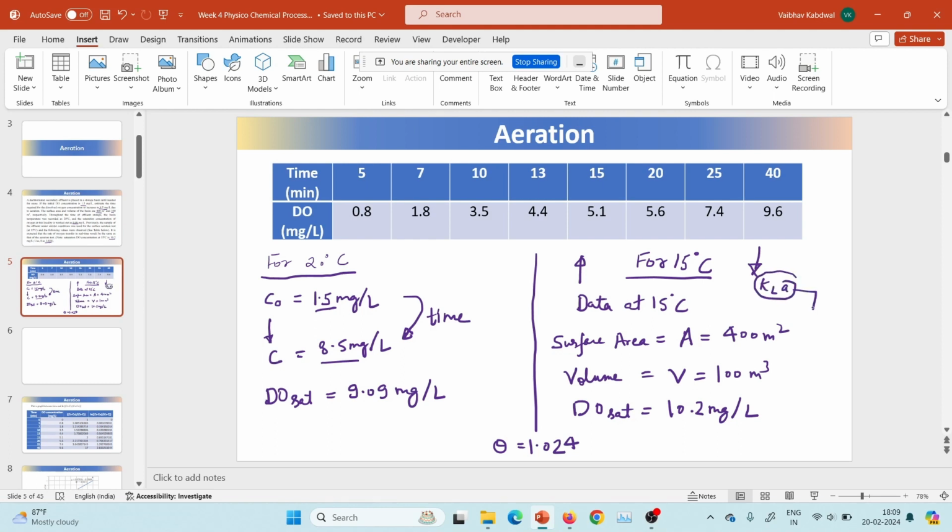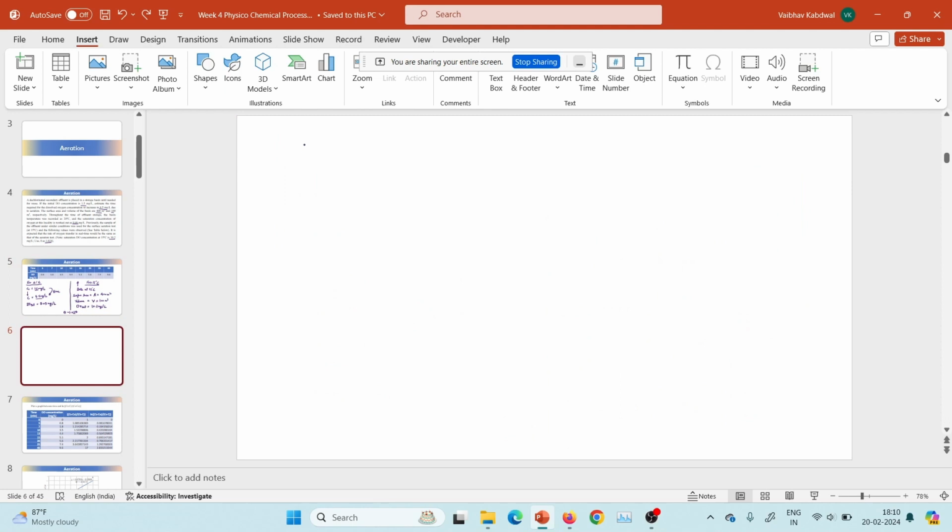We will change the KLA value. Okay, I will tell this in the next slide, that will be easy. From the 15 degree Celsius data, we will find out the KLA value, and then we will convert that KLA value for 20 degrees Celsius, and then using the equation, we will calculate the time required.